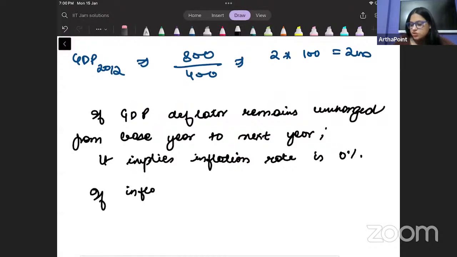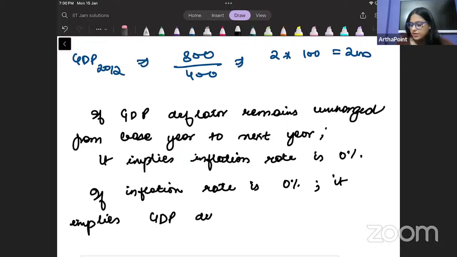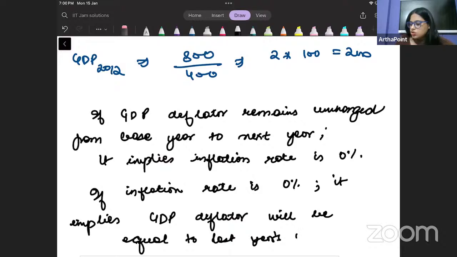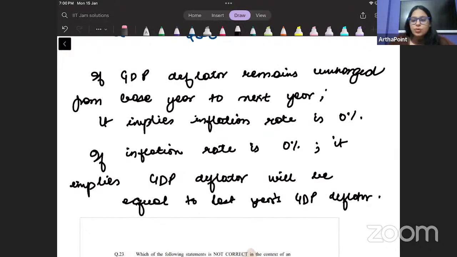If inflation rate is 0%, it implies the GDP deflator will be equal to last year's GDP deflator. So either way you can have a look into it. You can just make a note of this statement. Let me know when I can go ahead.